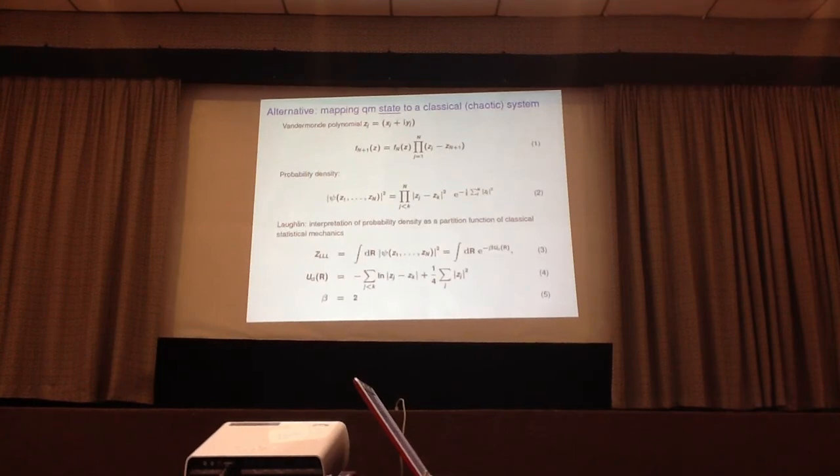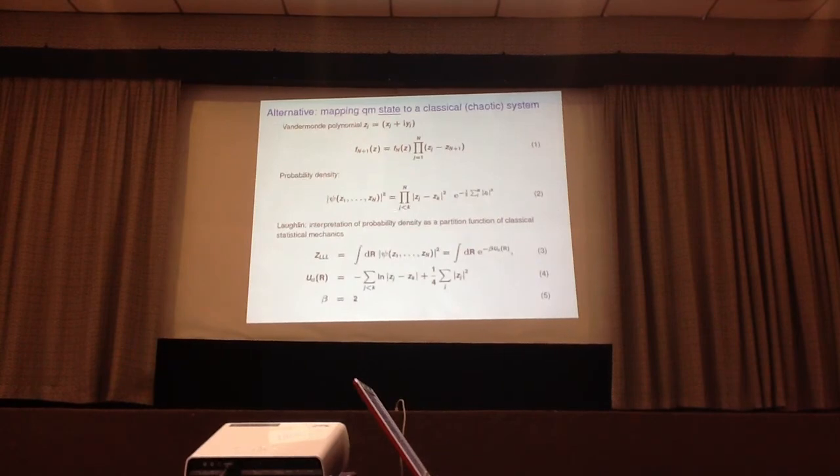And then Laughlin proceeds and said, well, this is an object which requires some interpretation for practical calculation, and I can interpret this as a partition function of classical statistical mechanics. And this can be done in the following way. The norm of the wave function is a constant.